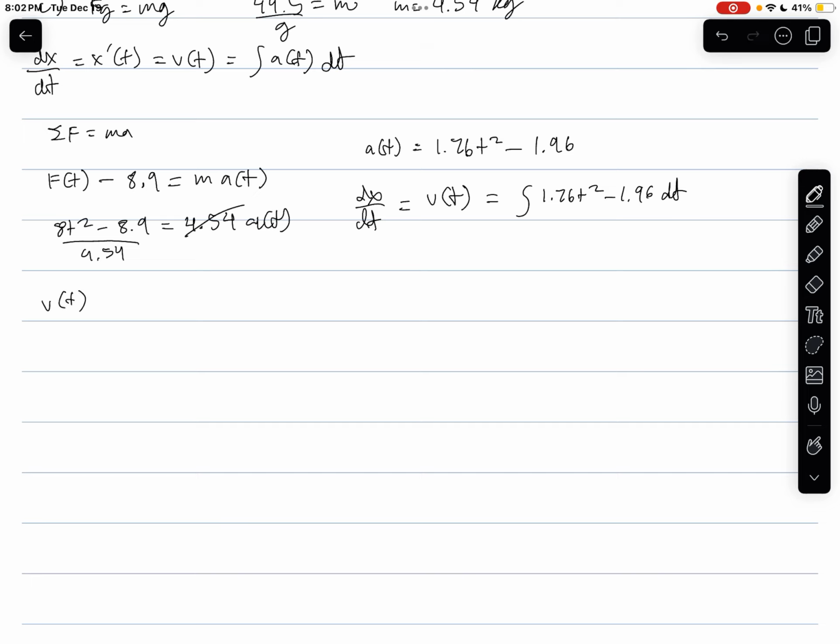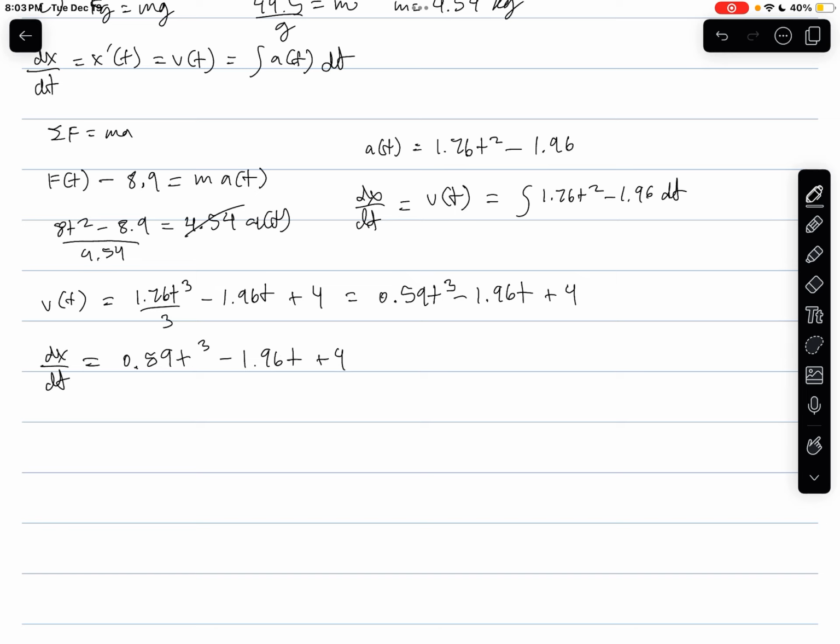So dx/dt, I'm just going to write v of t from now on, is going to be 1.76 t cubed over 3 minus 1.96 t plus 4, because you gave us an initial velocity of 4, so that constant is going to be 4. So then I simplify further, and you get 0.59 t cubed minus 1.96 t plus 4. And then that is the expression for dx/dt. I can rewrite it right here: 0.59 t cubed minus 1.96 t plus 4. There you go.